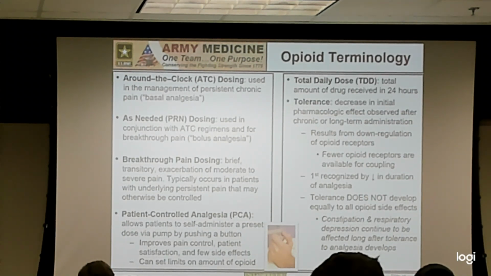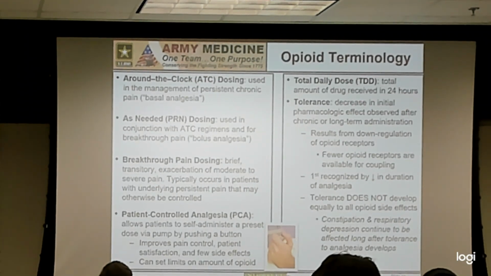Okay? Your total daily dose, that's the total amount of drug that your patient has received in 24 hours. And your tolerance is just, you've been exposed to a medication and eventually that initial effect that you get from taking the medication ends up getting decreased over a longer period of time.